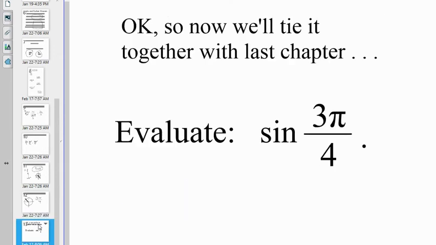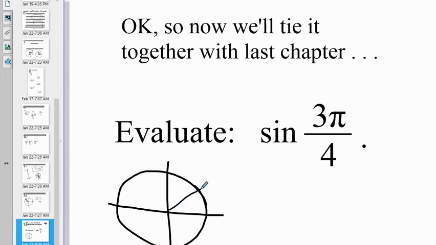So when I say what is sine of 3 pi over 4, well, we just saw where 3 pi over 4 comes from. It comes from pi over 4, that's 45 degrees. There's 2 45 degrees, there's 3 45 degrees. That puts us right here on the unit circle. Excuse my sloppiness with the computer. But there we go, that's the angle we're looking at.